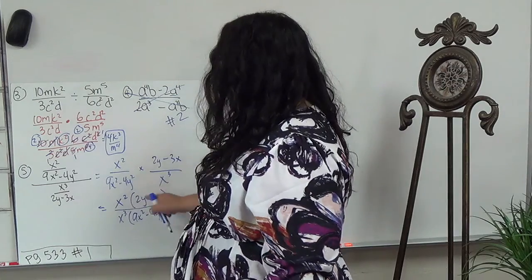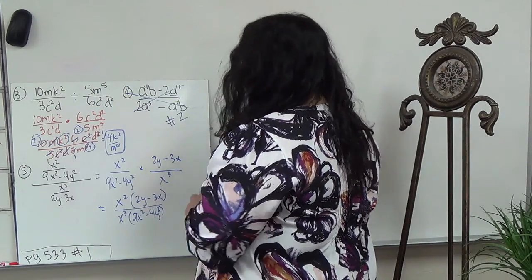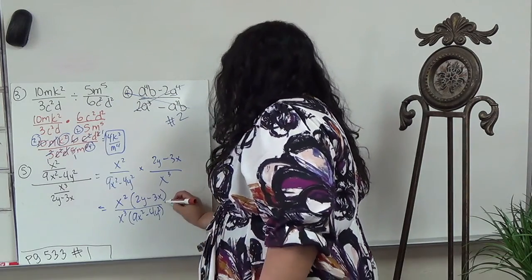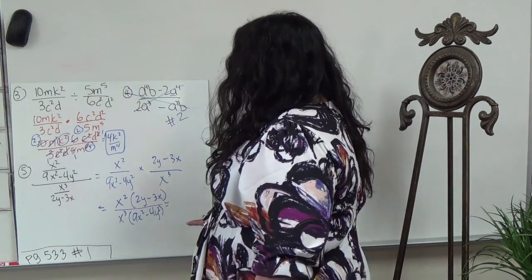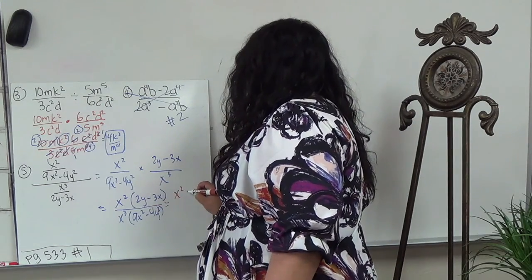Now you might be tempted to distribute, but I wouldn't distribute. I would try to factor more, or else I'm going to put more work in for myself. I can't factor this. There's nothing these two have in common, so I'm going to rewrite this whole thing down.